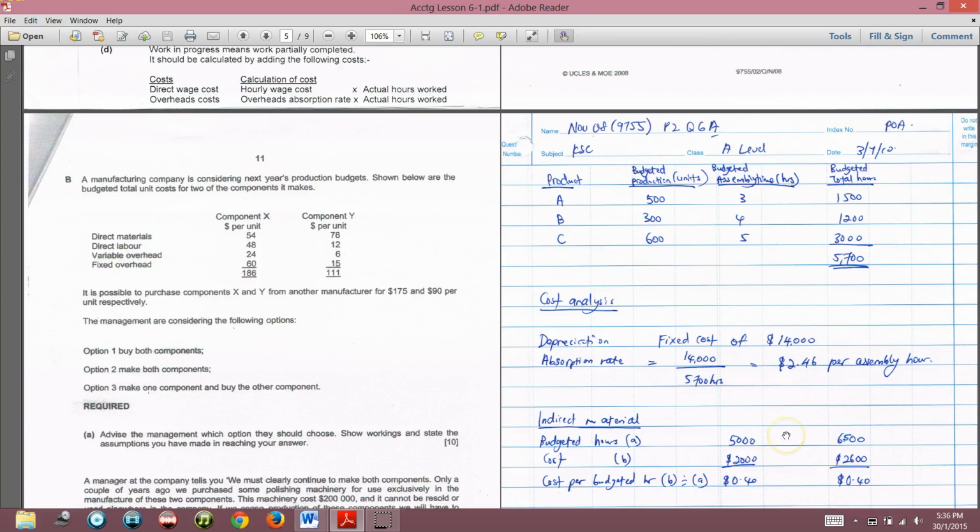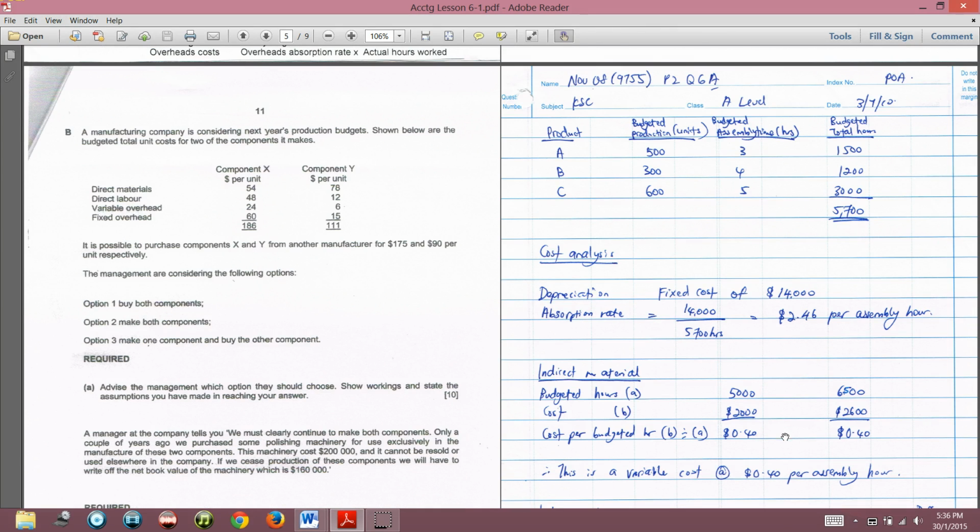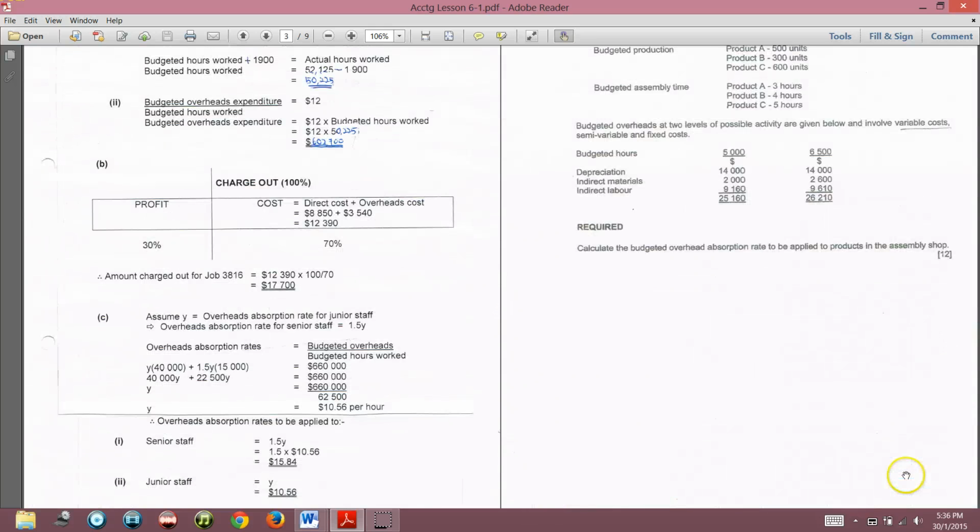Okay, so the indirect material from what we calculated just now is 40 cents per assembly hour. 2,000 divided by 5,000 is 40 cents. It's always 40 cents. So all these are overheads.